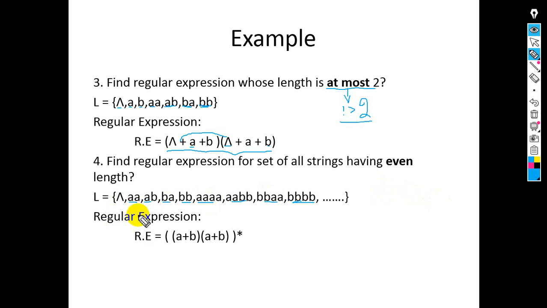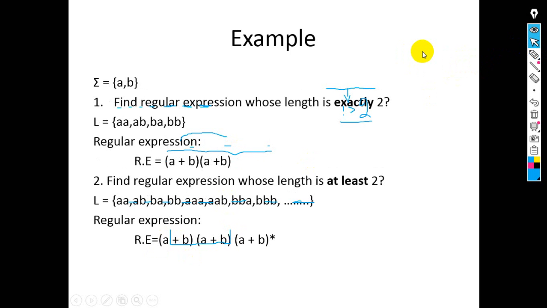So I have explained this for exactly 2. Look at this. Here I have exactly 2. For exactly 2, I have the regular expression (a+b)(a+b).